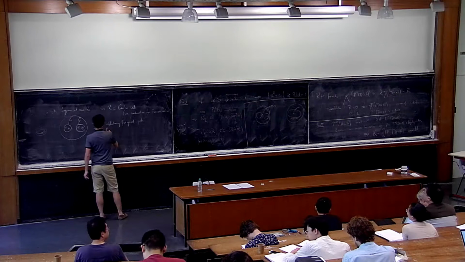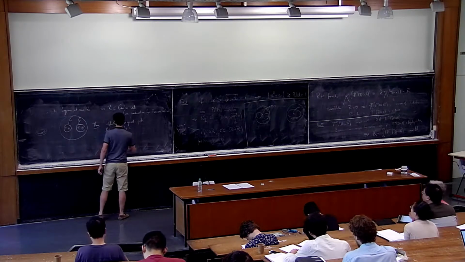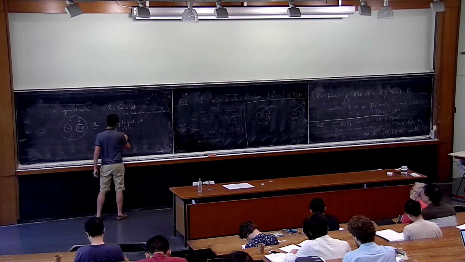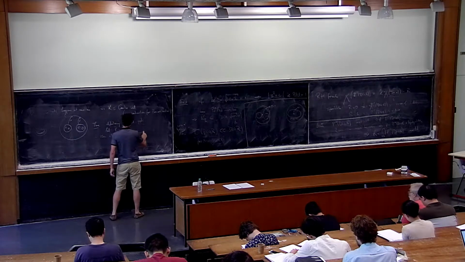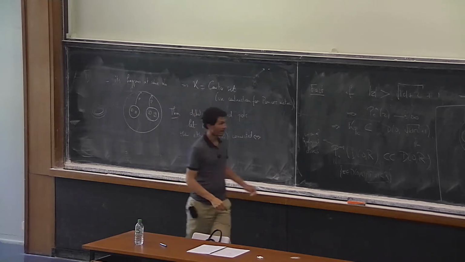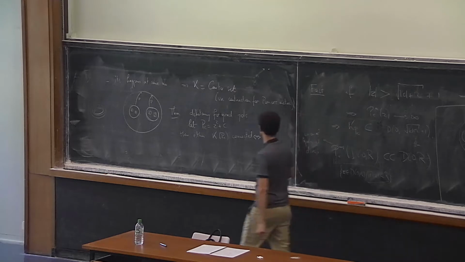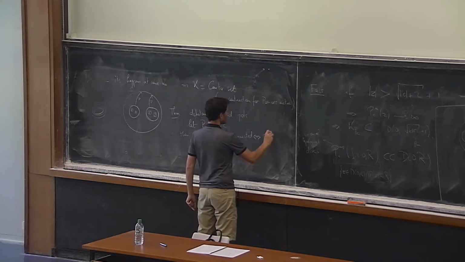Let P_c be z squared plus c. Then either K of P_c is connected, and this is equivalent to saying that the critical point 0 does not escape under iteration, so it is equivalent to the fact that 0 has bounded orbit.